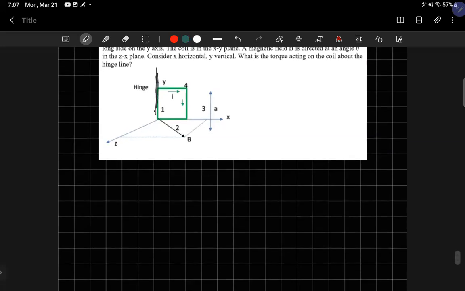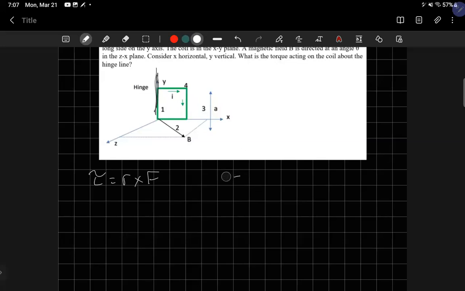Torque. If y'all remember from physics 1, torque is R cross F, but F is no longer just force equals ma.